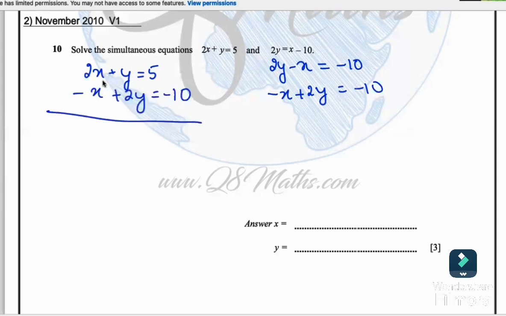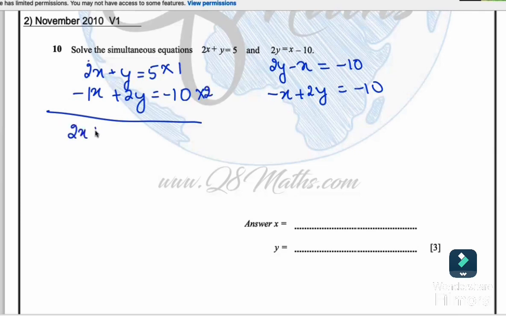If you want to cancel either x or y, I will go with the x because I have plus and minus here. I need to make the coefficient the same, isn't it? So I will multiply this equation with the coefficient of x as 2.